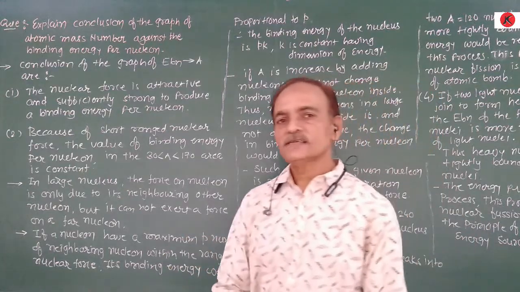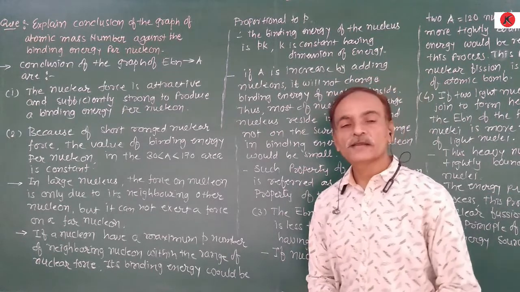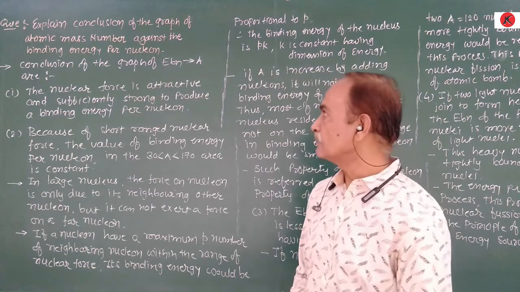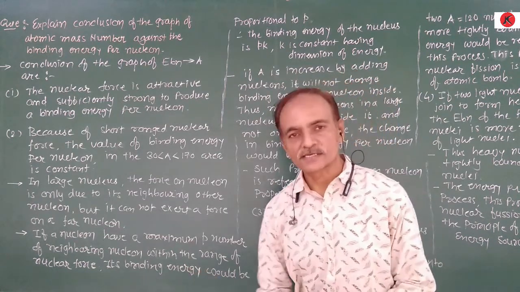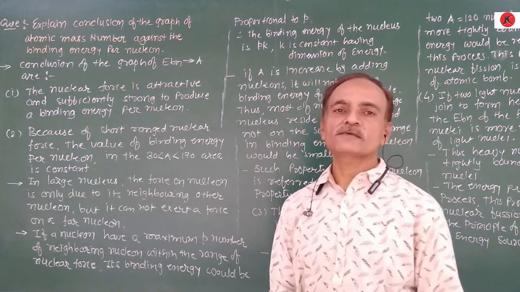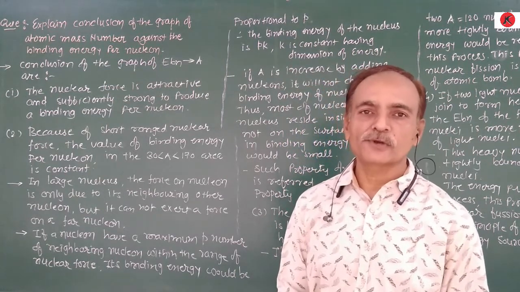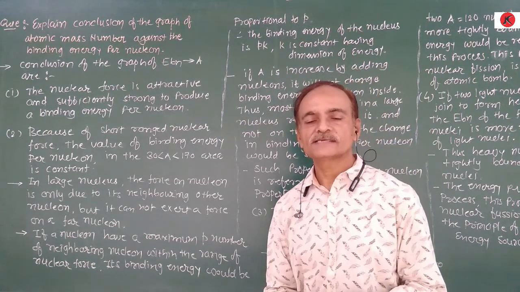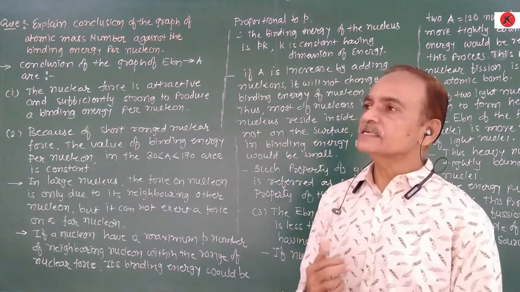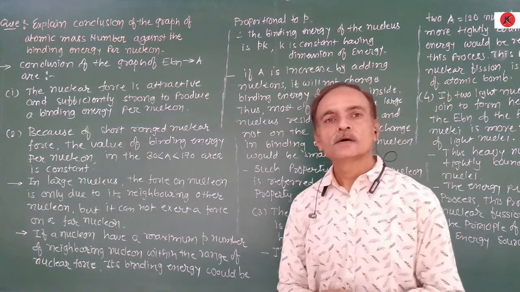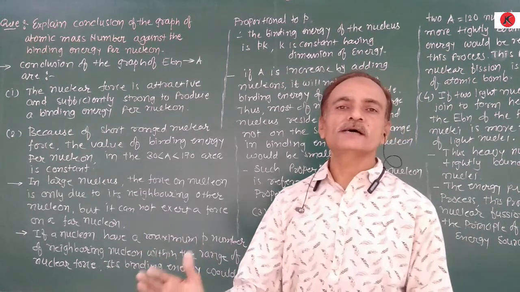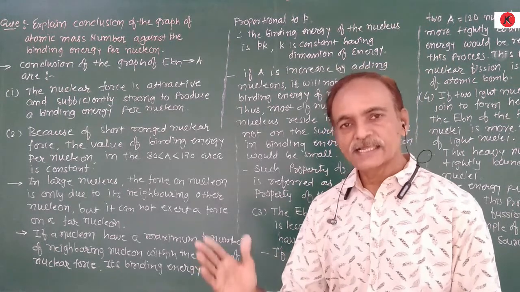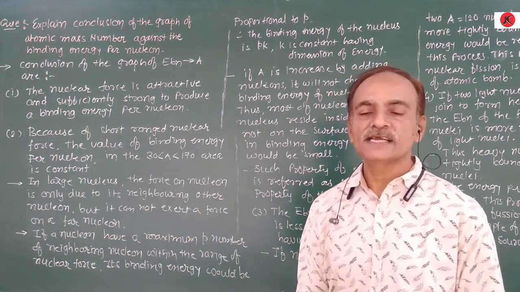Now the next question is, what is the conclusion of the graph of binding energy per nucleon versus atomic mass number? Already we discussed three points. One point is that the binding energy per nucleon for iron, Fe, is maximum. Second is that the binding energy per nucleon of middle-order nuclei having atomic mass number greater than 30 and less than 170 is almost constant.